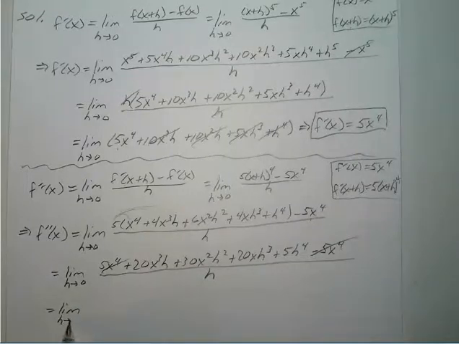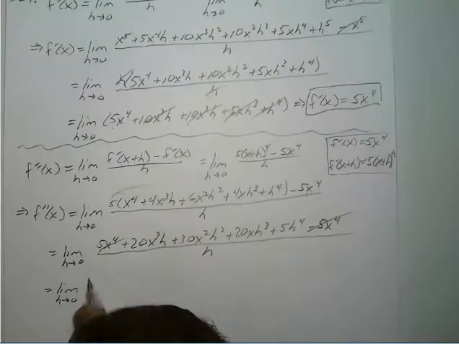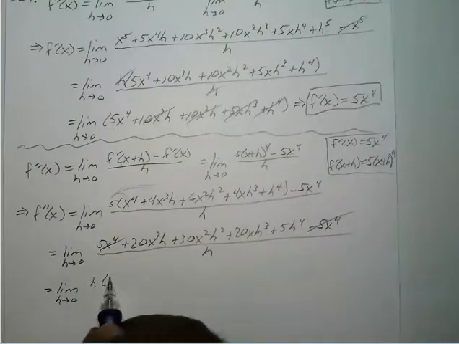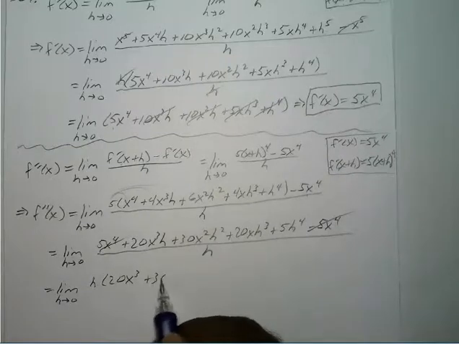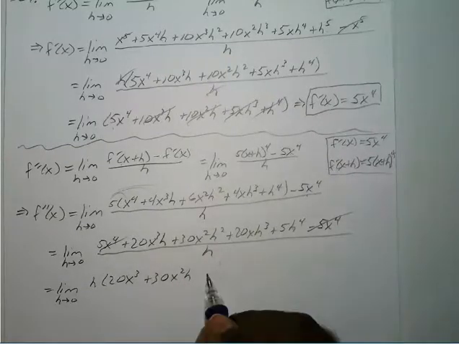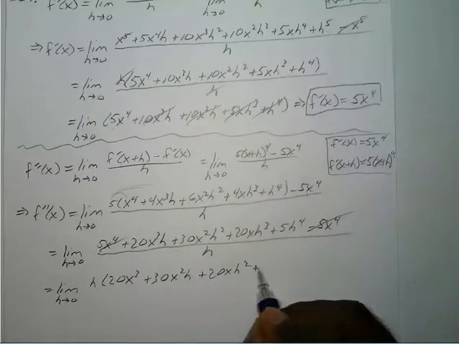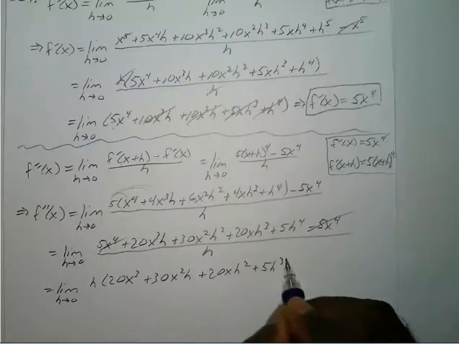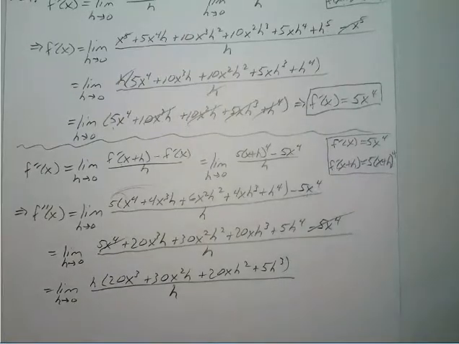So again, we're going to factor an h out of each of those terms that are left. So you have h times 20x to the third plus 30x squared h plus 20xh squared plus 5h to the third, all over h, where these two cancel each other out.